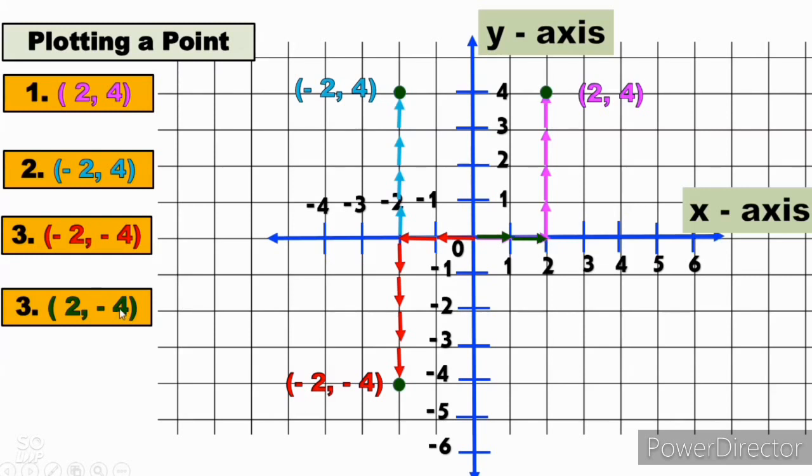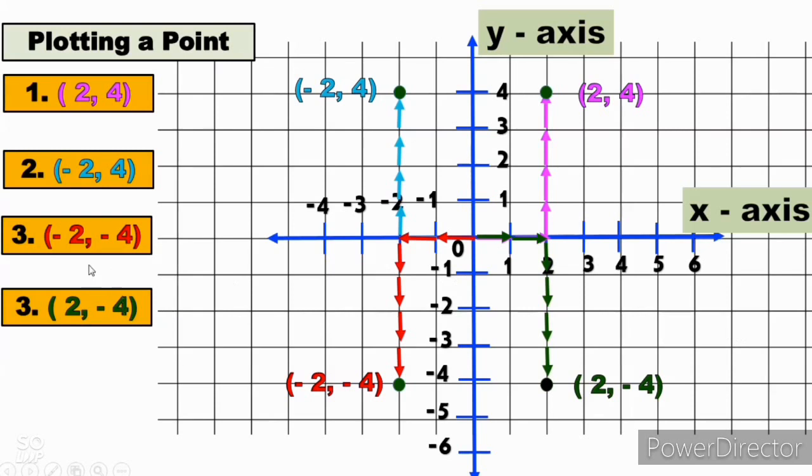And our second coordinate, which is y-coordinate, negative 4. So, we count 4 units going down. 1, 2, 3, 4. And we have the point positive 2, negative 4. So, that is how to plot the points on the Cartesian plane.